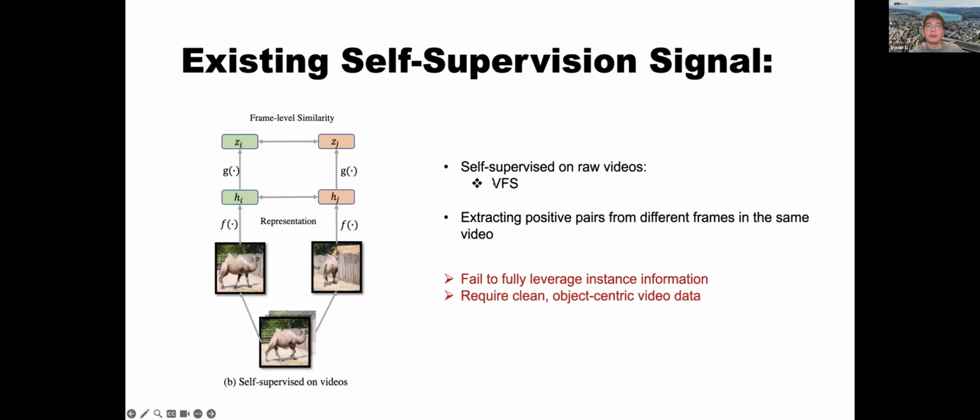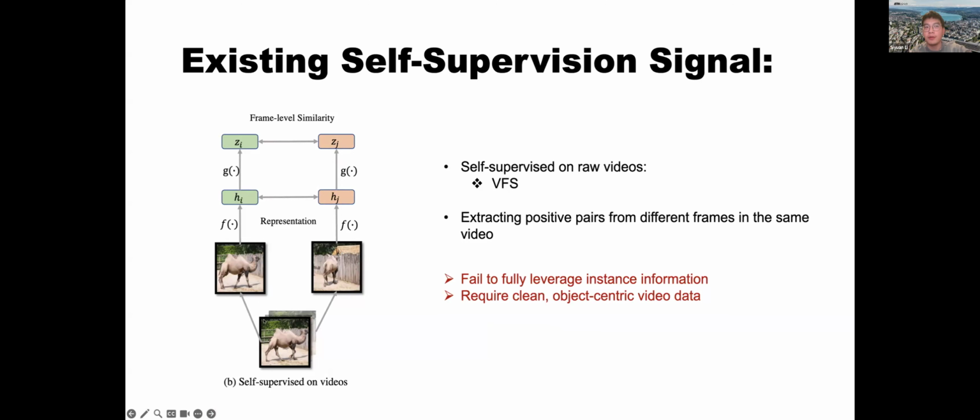Another self-supervision signal is you try to learn this representation from raw videos, for example, with previous methods called VFS. The basic idea, and there are many variants of this kind of method, is you take video frames, and you assume this object is present in different video frames.